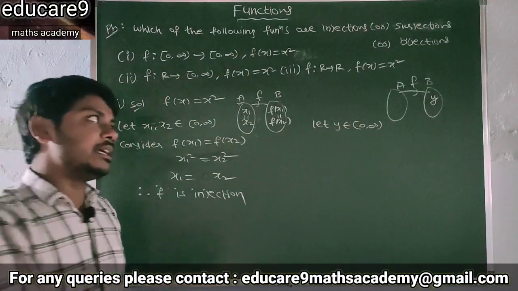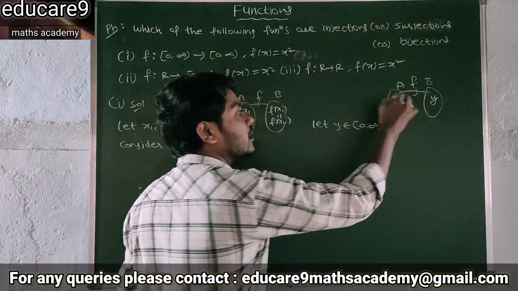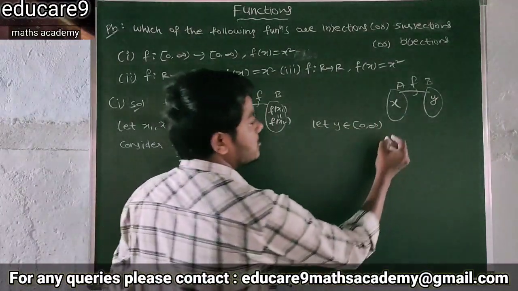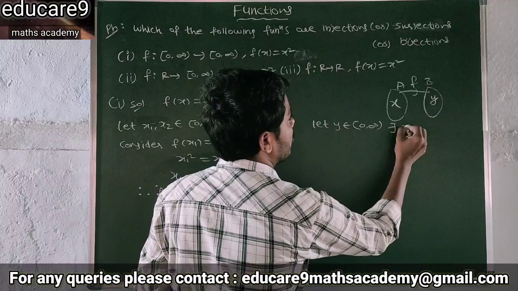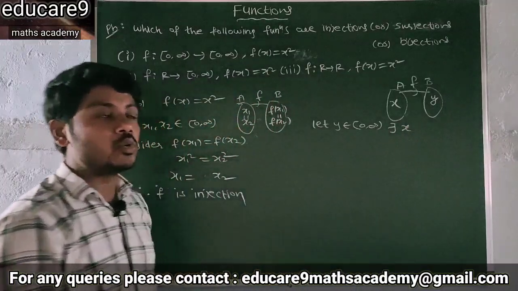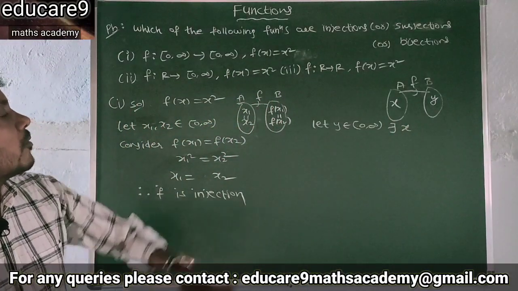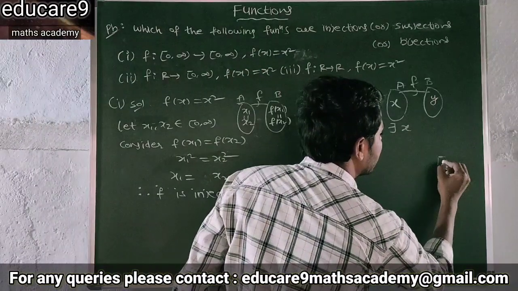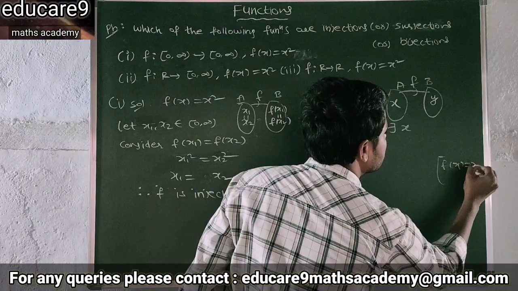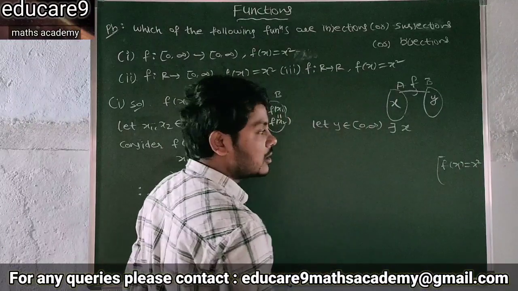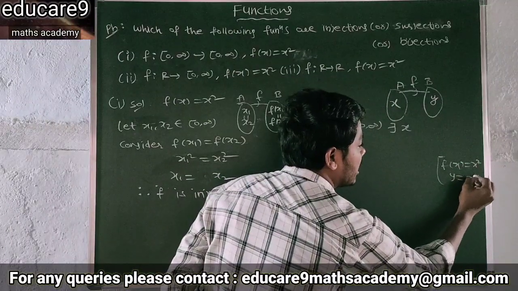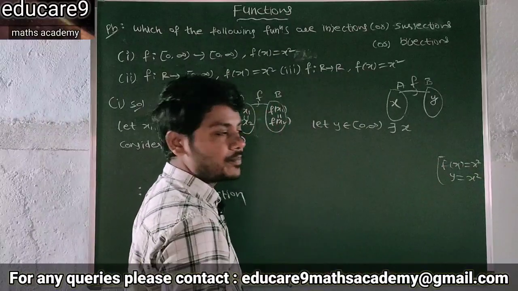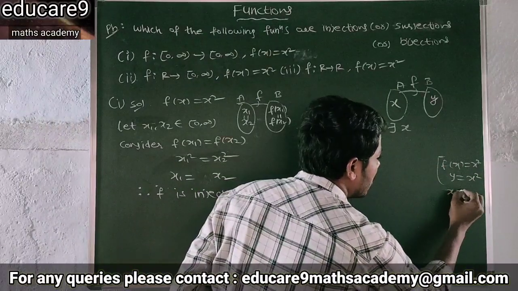Then definitely there exists some element in domain, that is x. So how to write the x value? For that f(x) is equal to x square. Okay, so y is equal to x square. Consider f(x) equal to y. Now what is the x value?